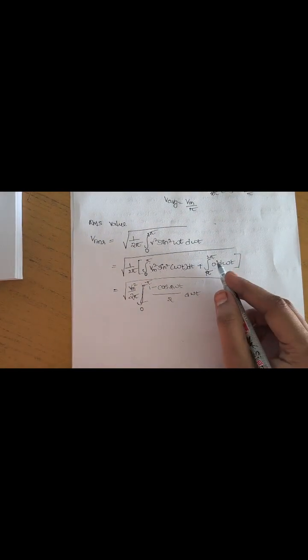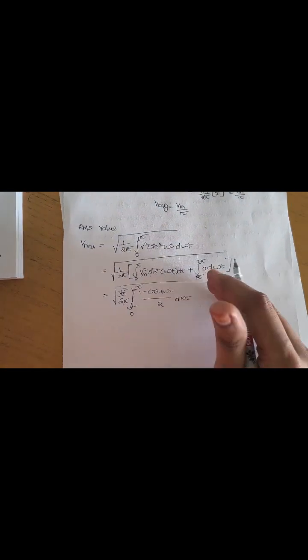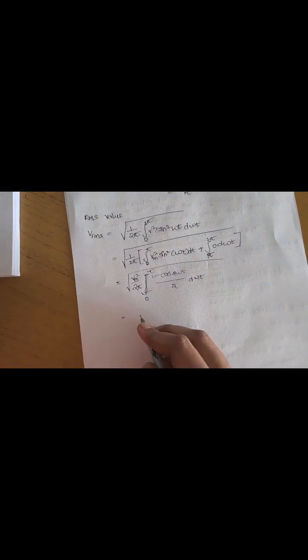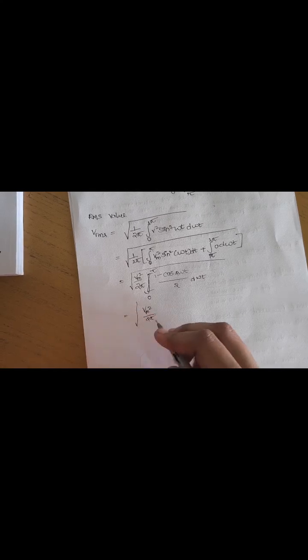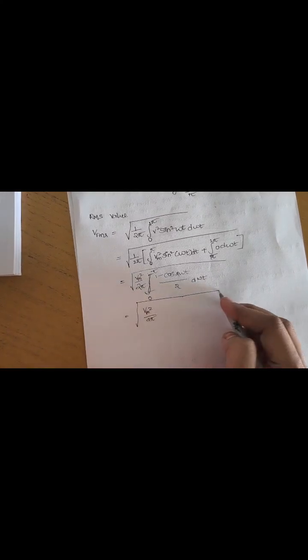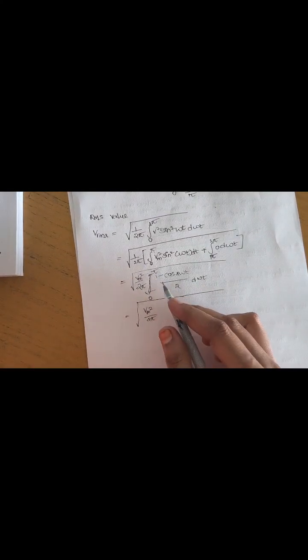This value is a constant, so we don't need to consider it. Next, Vm square by 2 pi integral 0 to pi.